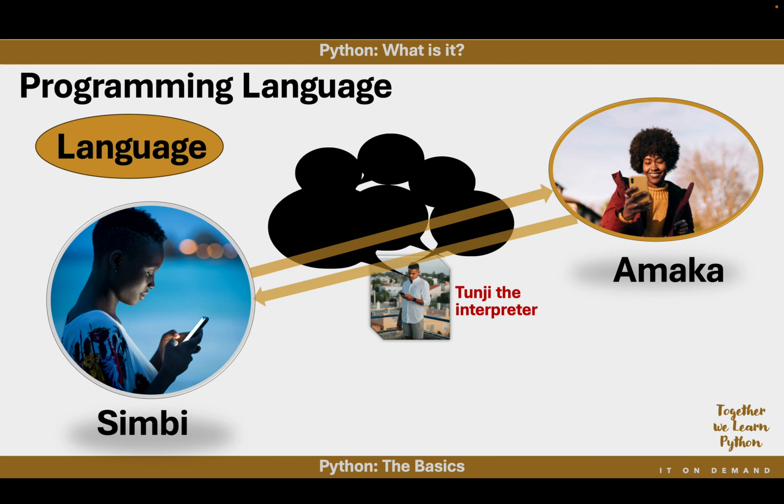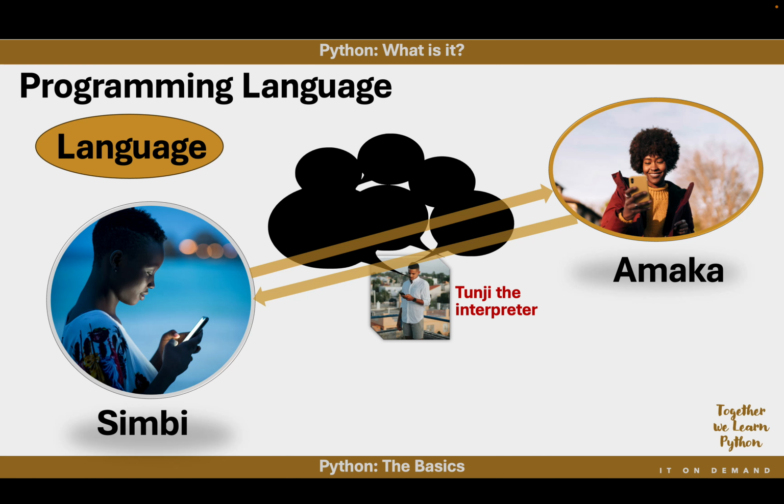And so Tunji interprets what Simbi says and tells Amaka, and whatever instruction Amaka gives Simbi, he gives through Tunji, and Tunji tells Simbi what Amaka wants, and Simbi in turn sends a message back to Amaka, but through Tunji, since Amaka doesn't understand Simbi's language.